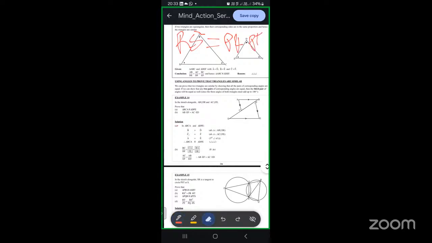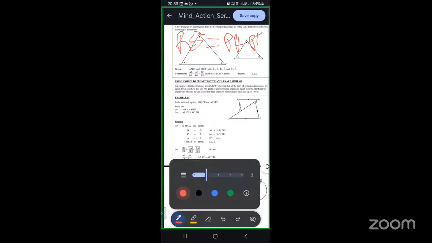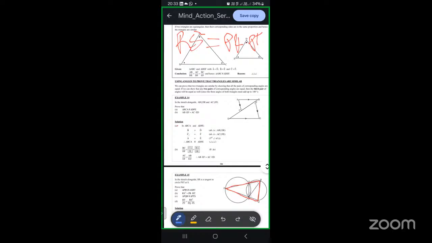So now let's go to number C, which is requiring us to prove that triangle PQR is similar to triangle PTS. PQR is this one. We want to prove that this triangle is similar to PTS. PTS is this one. This is a good question. Anyone, guys, who can give this question a try?